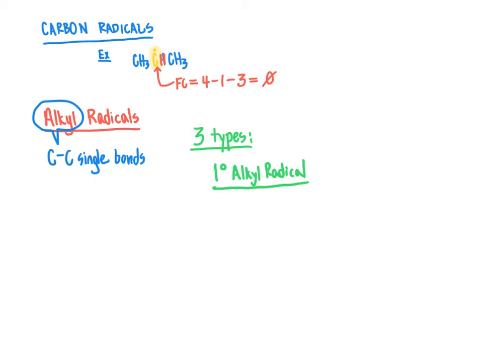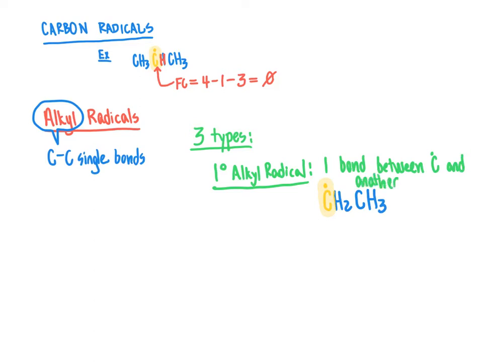is going to refer to the situation where the carbon that is a radical has just 1 direct bond to another carbon atom. An example of this would be if we had CH2 with a radical on that carbon, CH3. The carbon there on your left, our radical carbon, has only 1 direct bond to another carbon atom, so that's why it's constituted as a primary radical. There's only 1 bond between the carbon that's the radical and another carbon.